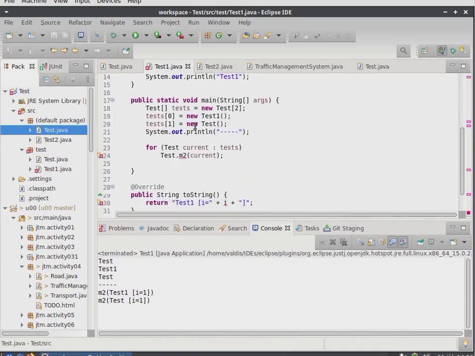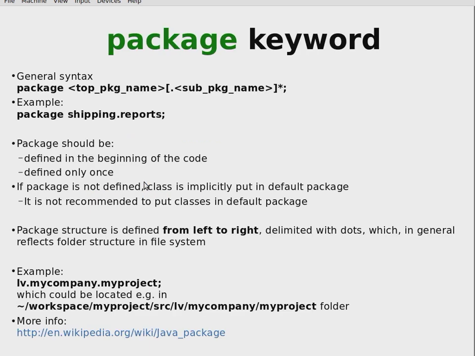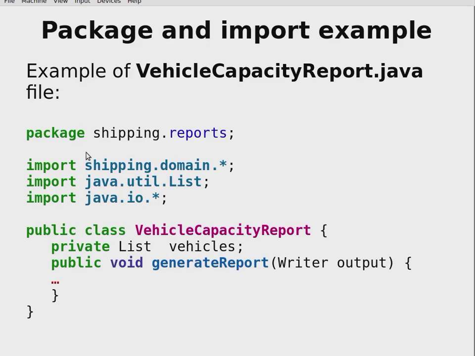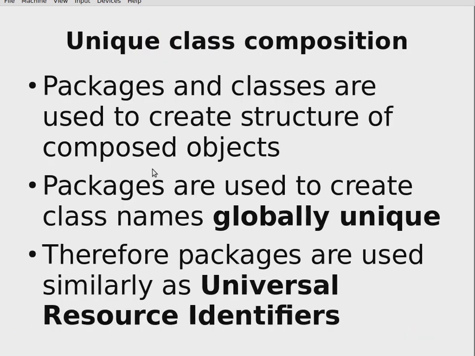So everything should be put into packages. You say in which particular package your class is, and if you need classes from other packages, you say from which particular package you will import them. These imports should in general be globally unique, and if they are, you will never have this library problem of understanding which library is actually used. So you declare in which package your class is, and then you say what things you need to import, and we will do this in your practical exercise as well.